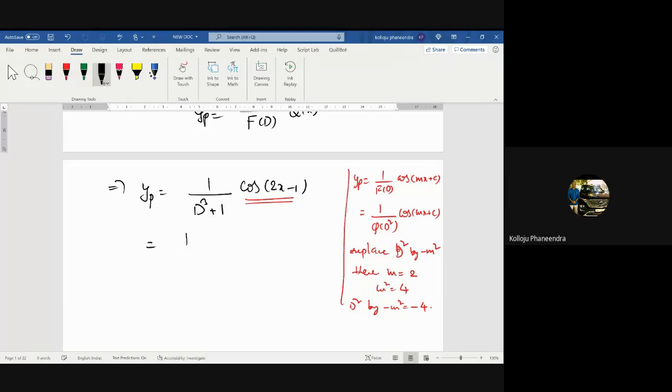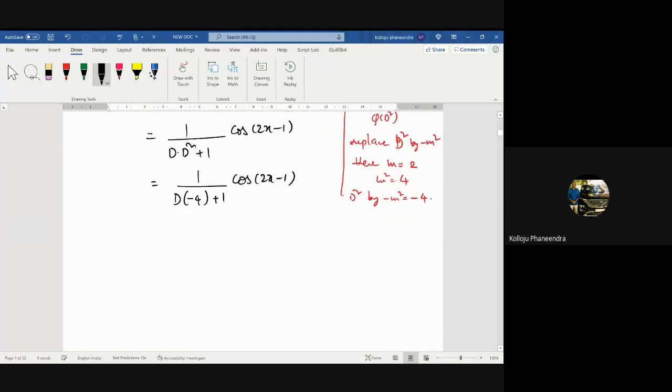That is, first let me write 1/(D(D² + 1)) times (cos 2x − 1). So this function contains D² terms. Therefore, 1/(D(−4) + 1)... that is, 1/(1 − 4D) times (cos 2x − 1).